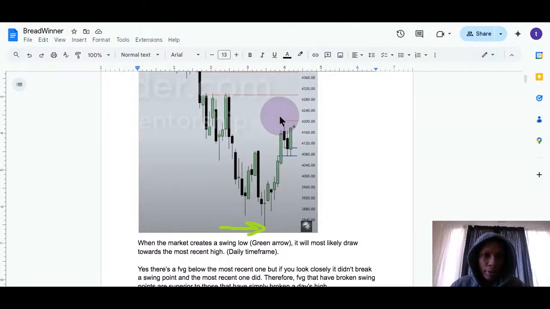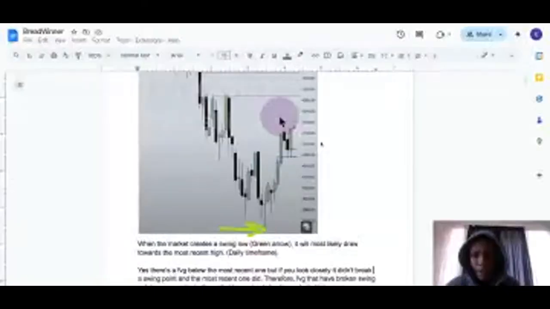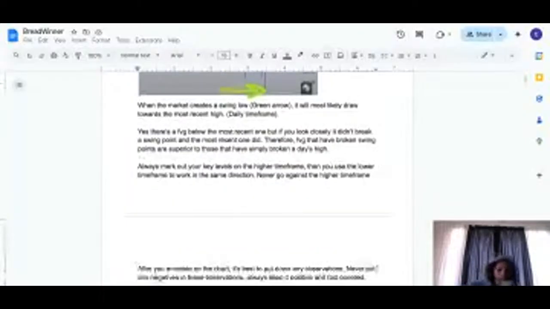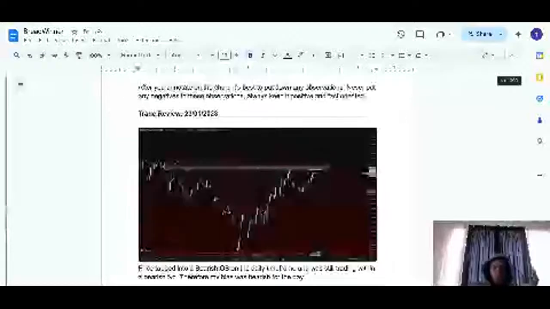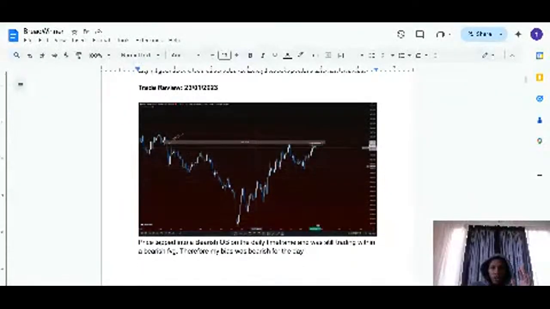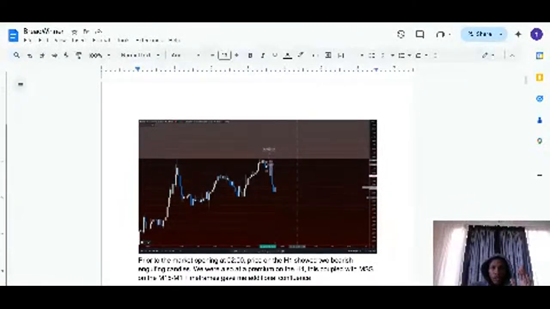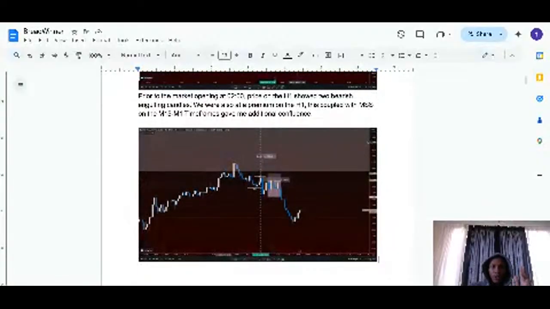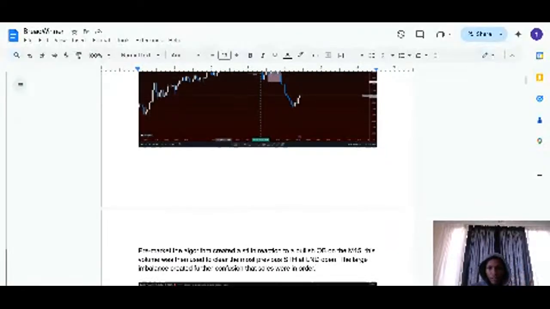But I'm just here yapping away for like 32 minutes. So if we now get into this, I think it's called Model 5. So these are just all of these trade reviews, to get bearish engulfing candles and all this stuff.